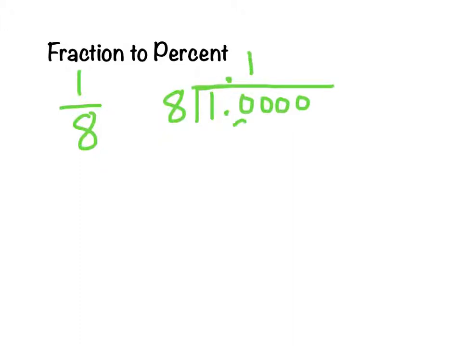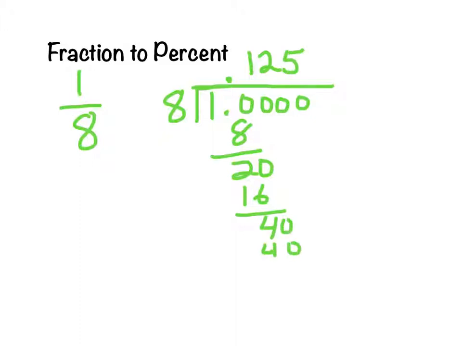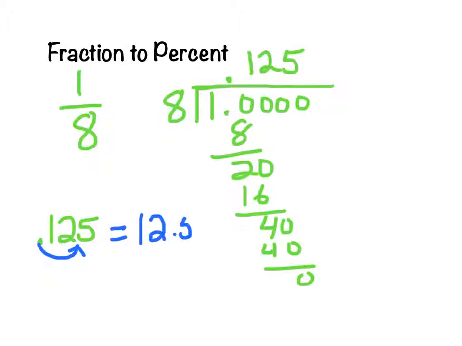That goes in once, that goes in twice, and that goes in 5, and then I can stop there because 1/8 equals 0.125. Then I take my decimal of 0.125 and now convert that to a percent by moving my decimal 2 places to the right, and I will get 12.5%. So 1/8 equals 12.5%.